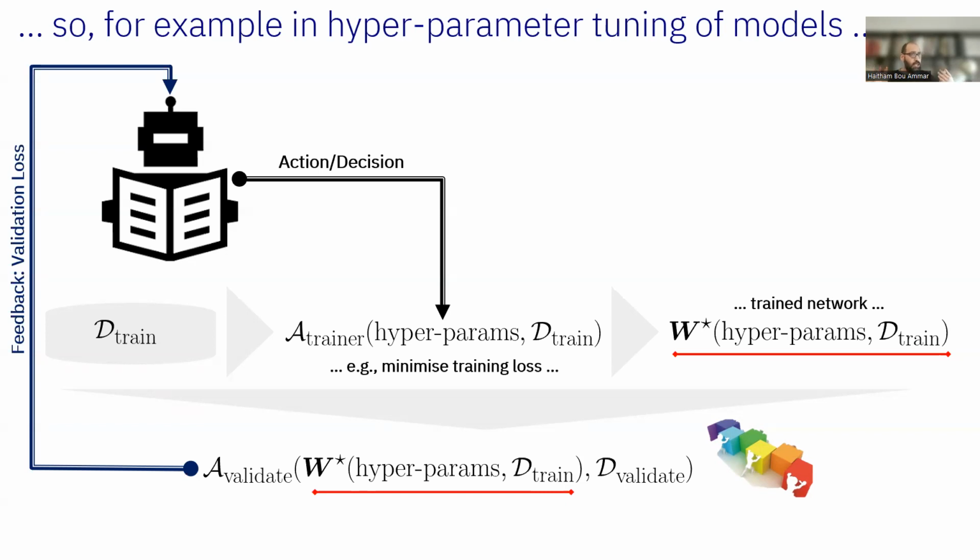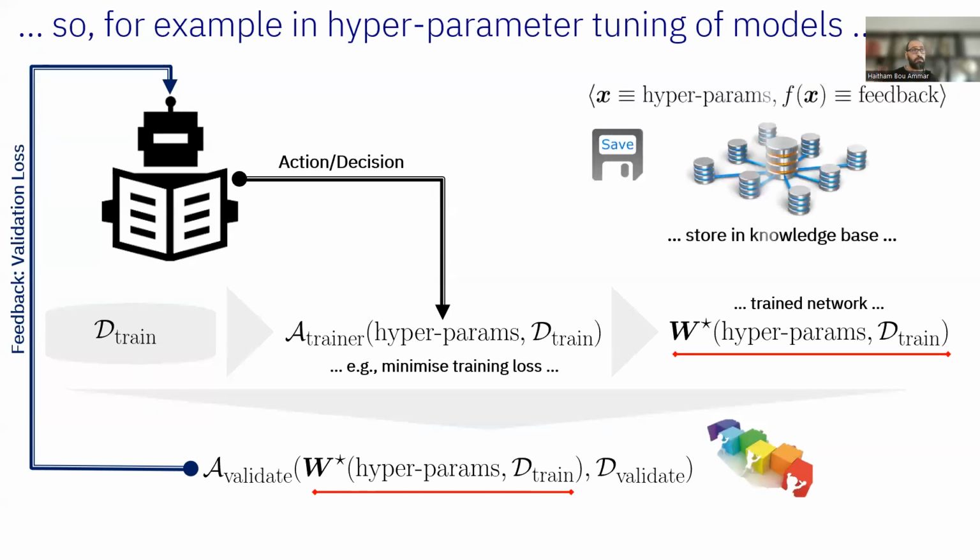Now, what is the issue here? Let's look at what type of function we are trying to maximize or minimize with respect to those hyperparameters. Remember, my goal is to find the hyperparameters, so my variable x is the hyperparameters. And what am I going to try to do? I'm going to try to minimize my validation loss.